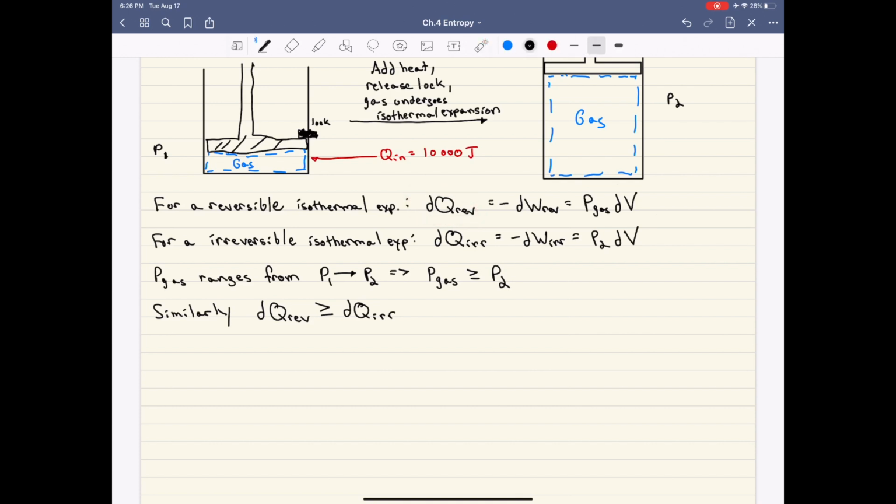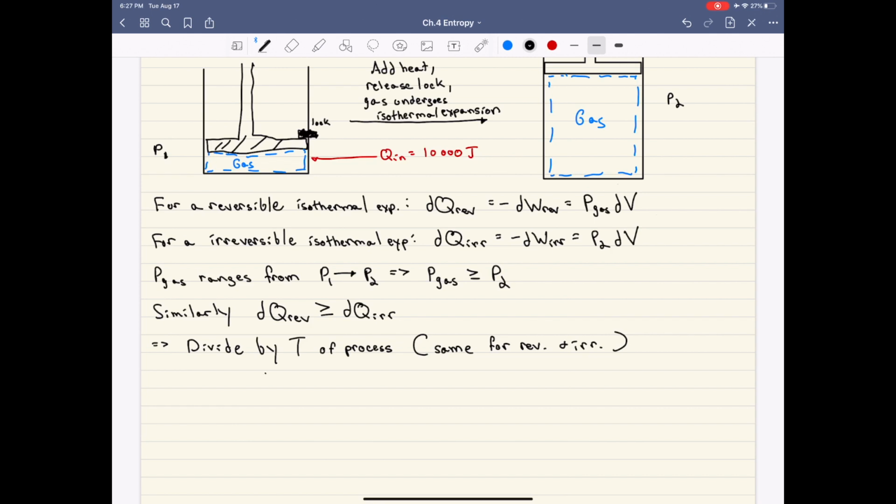What we're going to do next is we're going to divide both sides by the temperature of the process. Okay? And in our case, for this isothermal expansion, it's the same for the reversible case and irreversible case.